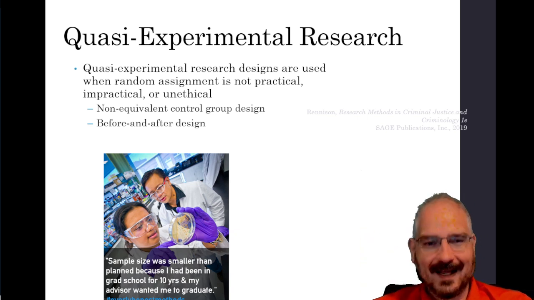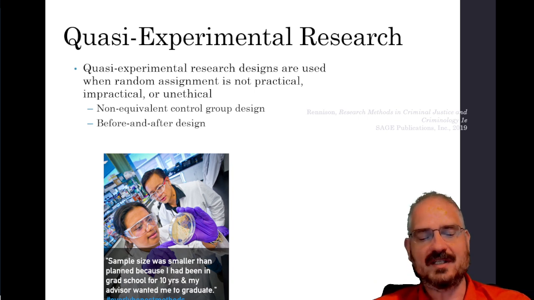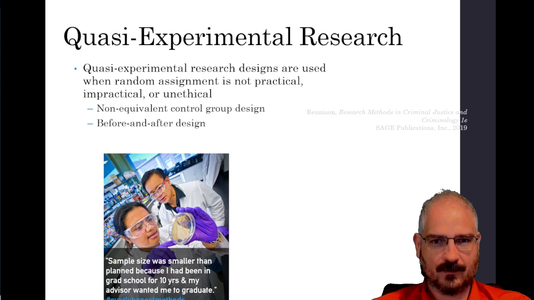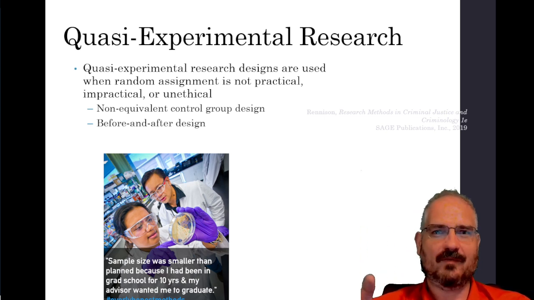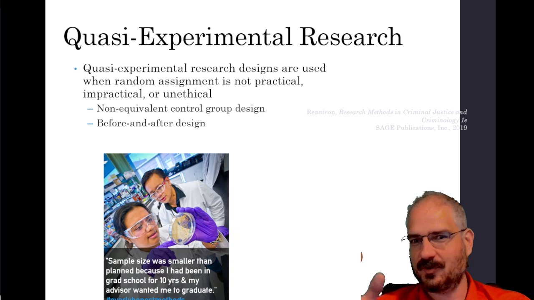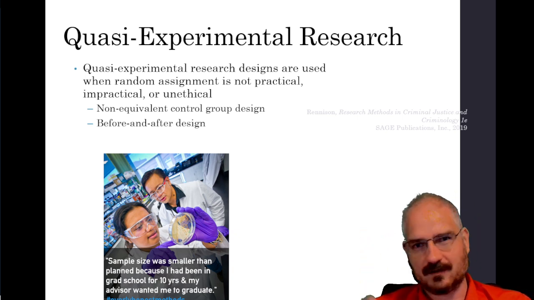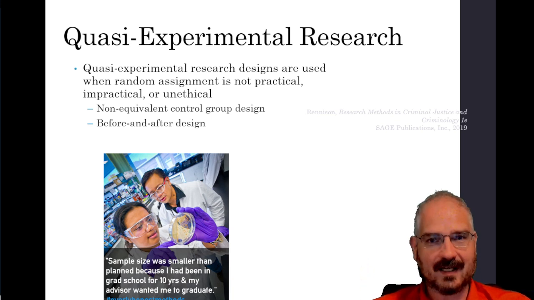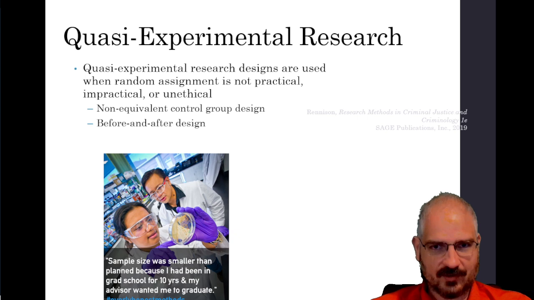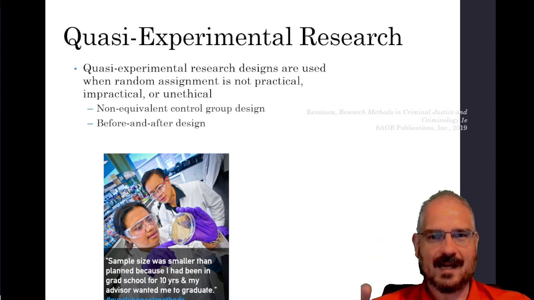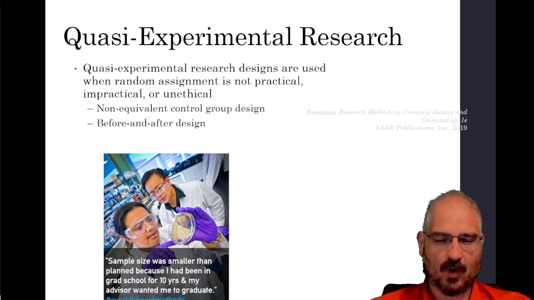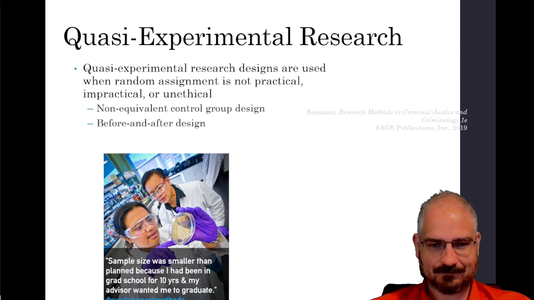Now, quasi-experimental research designs are where we do have more than one group. We have at least 2 groups now, but we don't have that random assignment, right? Random assignment is just impossible for some reason, again, whether legal or ethical or just the nature of reality. We can have more than one group, but we're not able to randomly assign people from one group to the other, right?